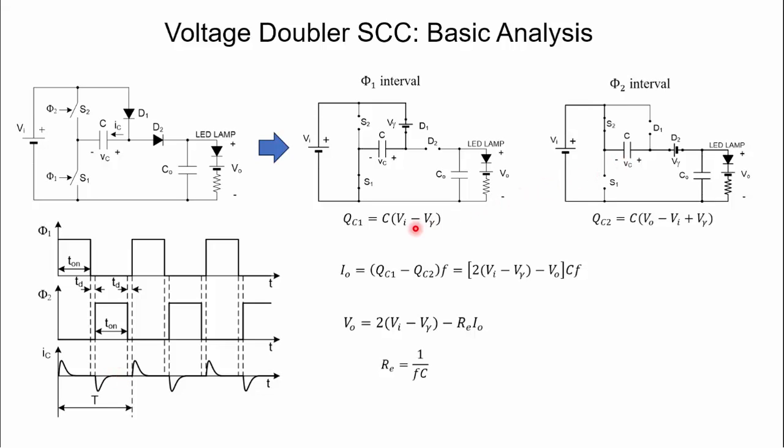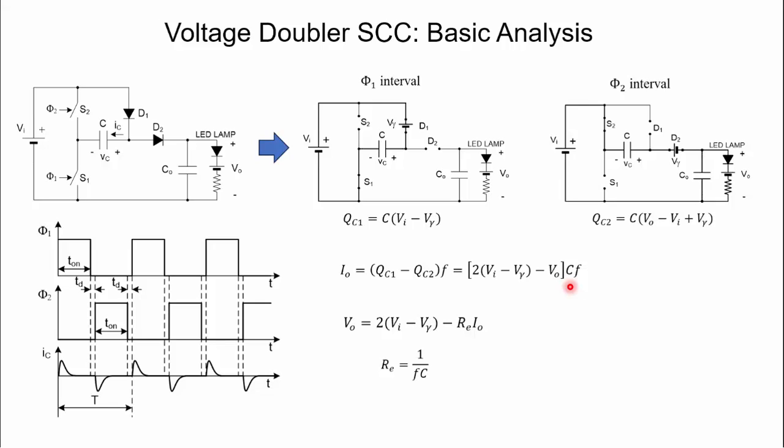So now we can say that the DC current that we are going to have through the LED lamp is the difference in the charges, both charges QC1 and QC2, times the switching frequency. And then we get this expression.